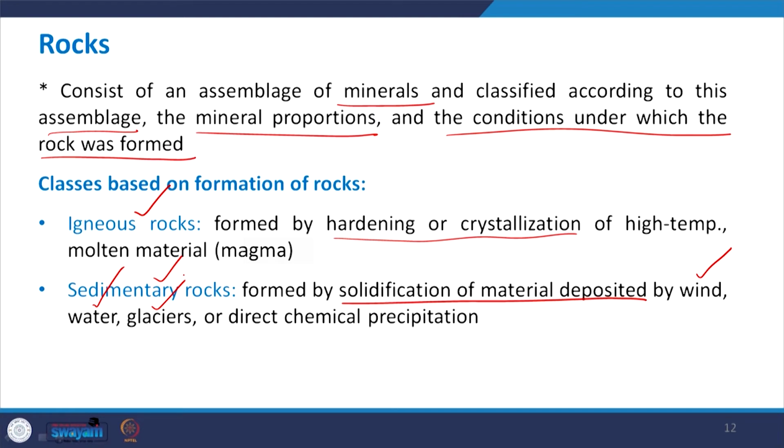So, as against the igneous rocks, these sedimentary rocks are formed by solidification of material deposited by natural agency. The material gets transferred from one location to another, and if it is lying at that other location for many years, it gets solidified and gives rise to the sedimentary rock.